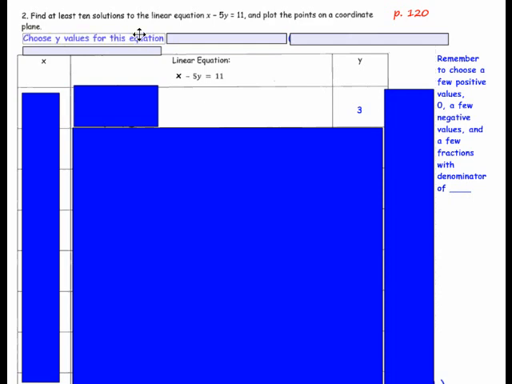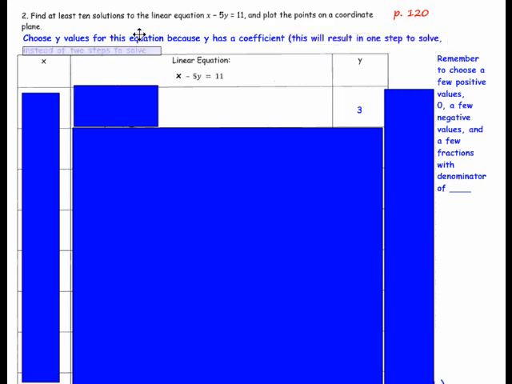We want to choose y values for this equation because y has a coefficient. This will result in one step to solve instead of 2 steps to solve. Remember to choose a few positive values, 0, and a few negative values, and a few fractions with denominator of 5.